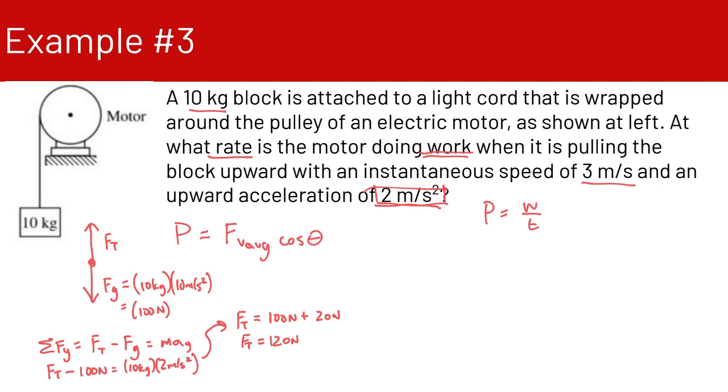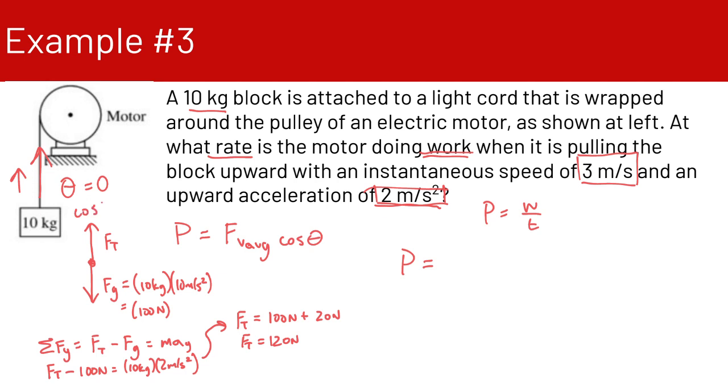So we've got our F. We have our velocity, which is given as 3 meters per second. So we can start to figure out what our power is. Power is equal to F times the average velocity times cosine theta. The motor is pulling the block up, and that's the direction that the block is moving in, so theta is equal to 0.